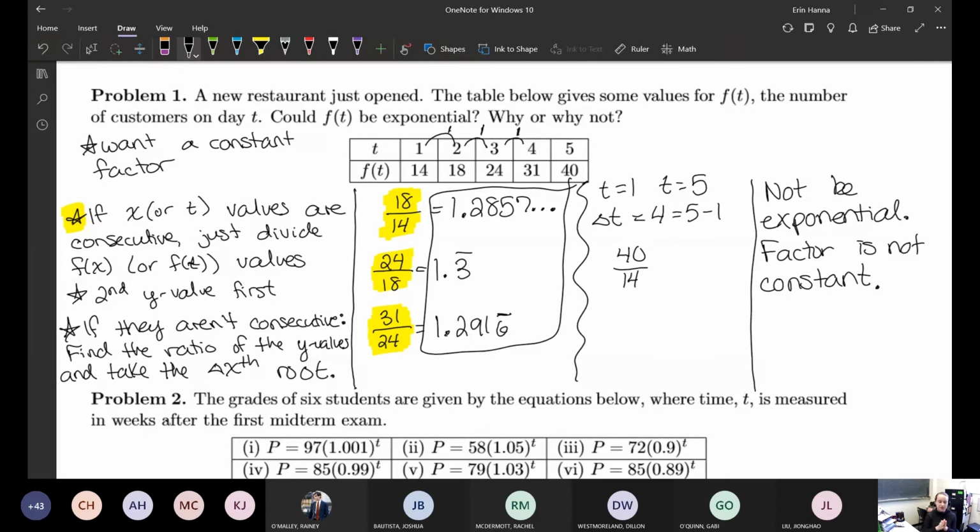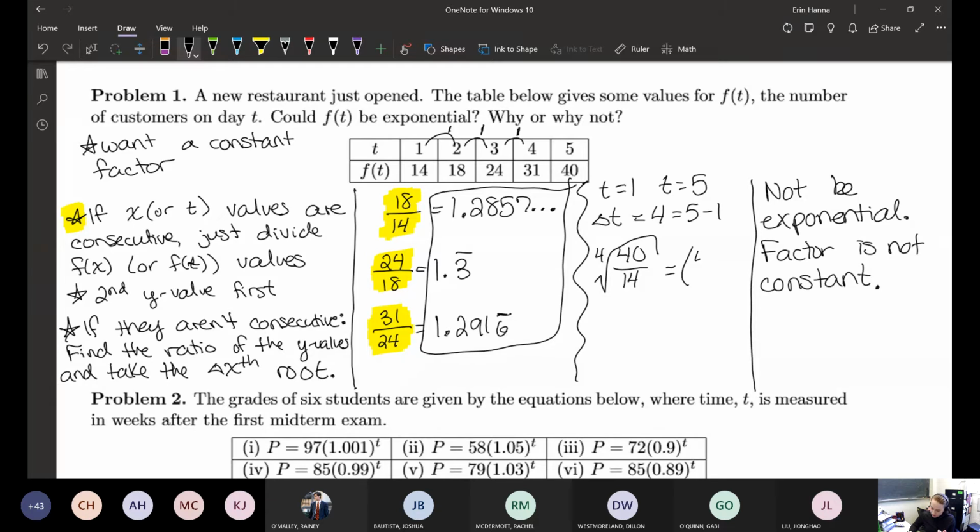But now what I want to do is, essentially what happens in an exponential function is we multiply the previous number by some factor to get the next number. So if I go from 1 to 5, I must have multiplied by that number 4 times. So to essentially undo that multiplication by that same number 4 times, we need to take the fourth root of this.